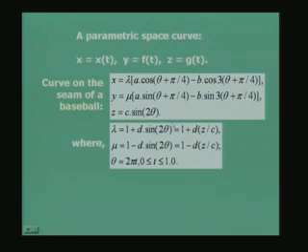So, a, b, c and d are the parameters of the curve in this case, and theta varies in this particular range 2 pi t, where t varies between 0 and 1. So, if you vary t from 0 to 1, theta will vary from 0 to 2 pi, and you are basically tracing the curve on the seam of the baseball. That is a very interesting, complex formulation.